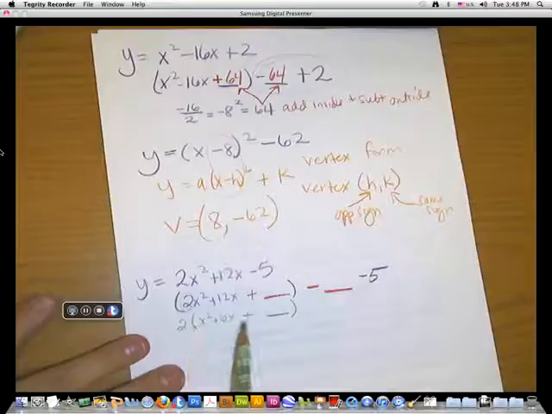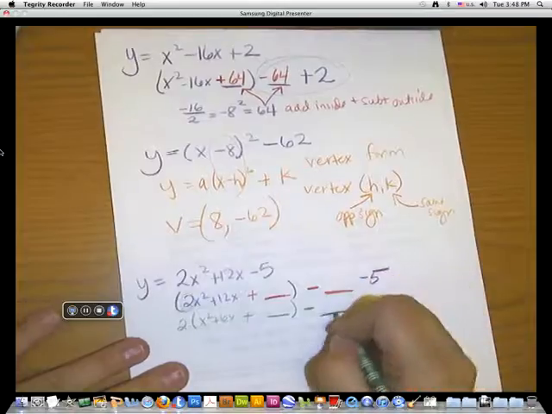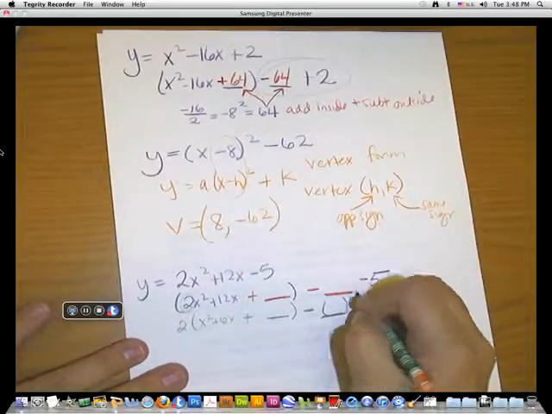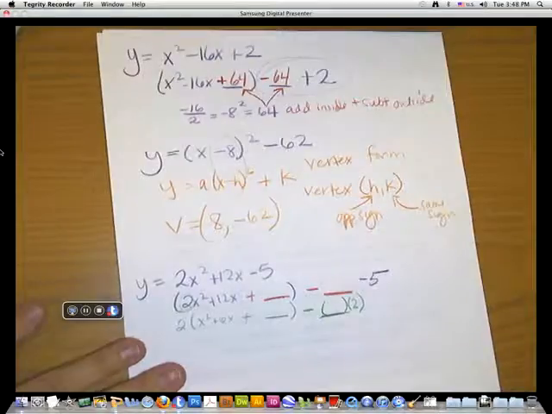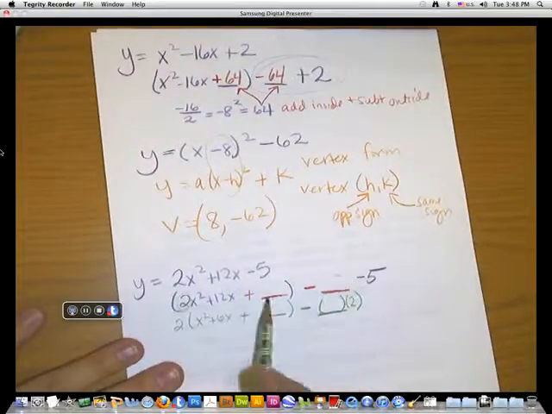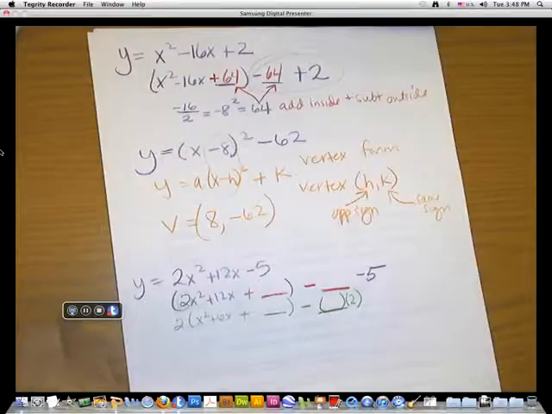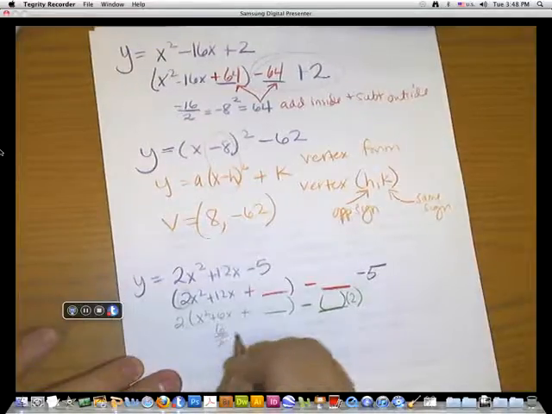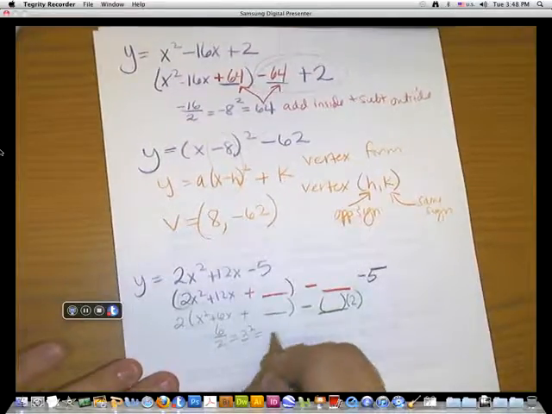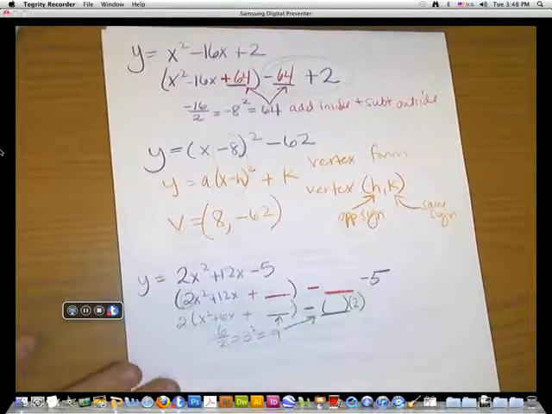If I divide the 2 out of this, that means whatever I'm subtracting, I have to multiply it back in. Because out here is the undo of whatever I do here. That's how we keep it balanced, how we keep it equal. So we take our middle term, divide by 2, square it, and that's what we put in those locations.